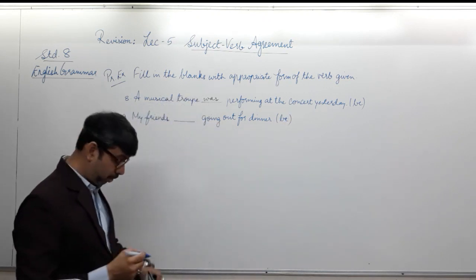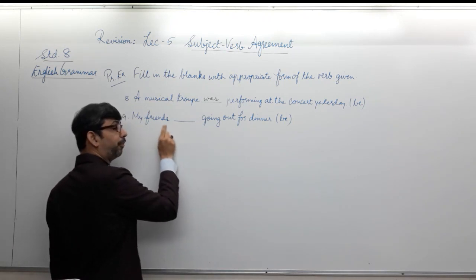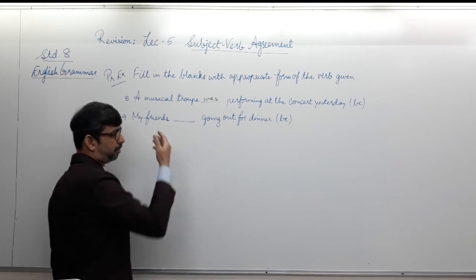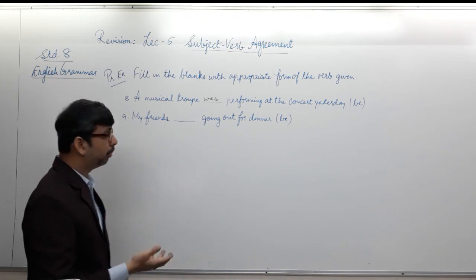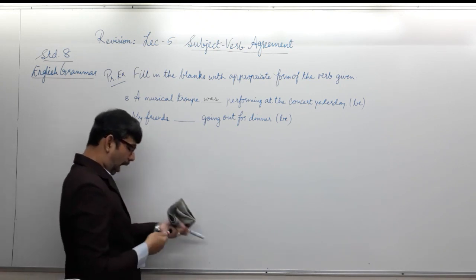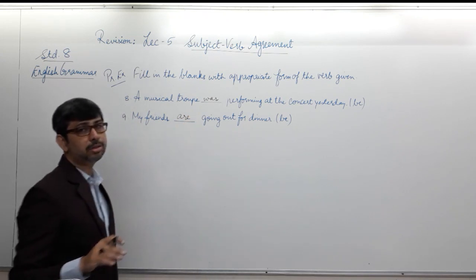So one of the members of the B family will be writing my friends. So the word is friends over here, which is actually plural. Therefore it is very simple to understand. We will be requiring a plural verb over here. My friends are going out for dinner and not is going out.